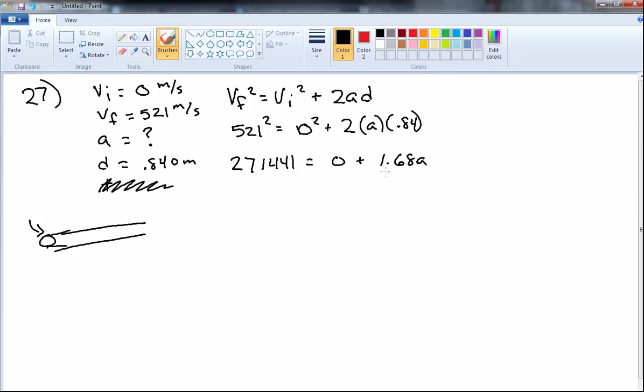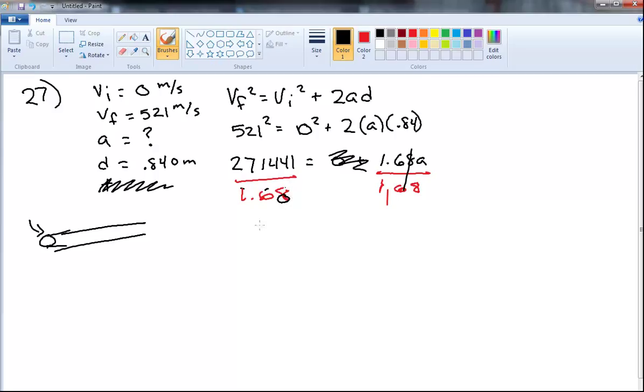Alright, now I need to get A by itself. So in order to get A by itself, right, because this 0 just drops out, I need to divide each side by 1.68. And then that way that'll cancel. Divide this side by 1.68. It's kind of sloppy.